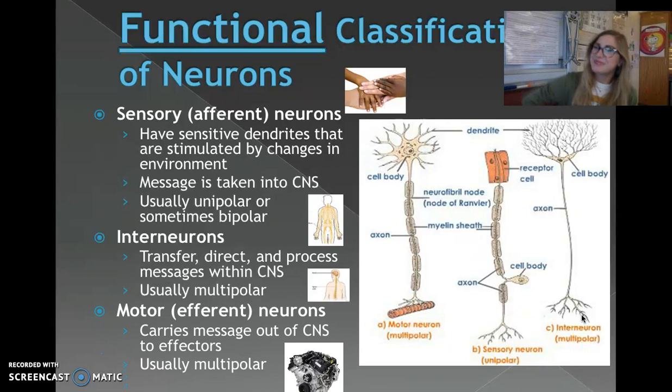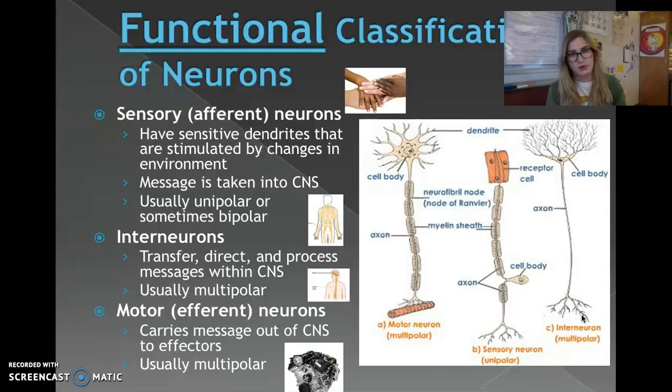Motor neurons, we've seen these before. They are the ones that are going to carry out the message of the central nervous system. These are normally multipolar as well because they're going to be in communication with many different neurons telling them what to do. And normally they are going to be affecting muscles. So I touch the plate at La Hacienda.